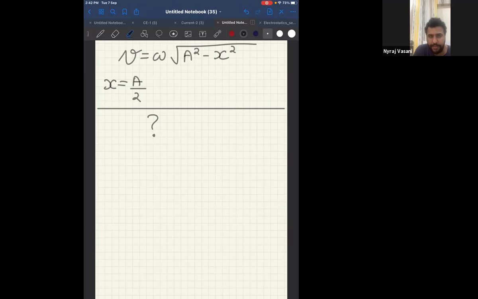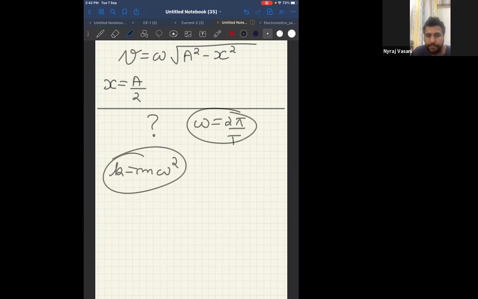Omega is equal to 2 pi by T. This formula, k is not equal to 2 pi by T. K is equal to m omega square. In both these formulas, velocity is not there. Also, in both these formulas, where will I substitute x is equal to a by 2?